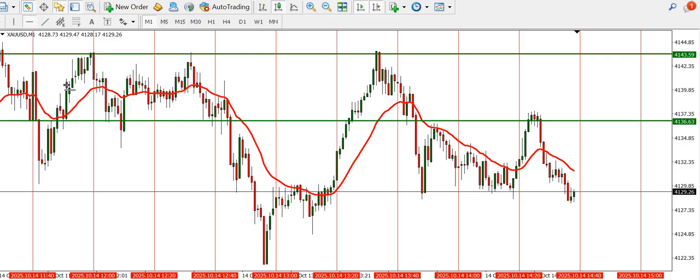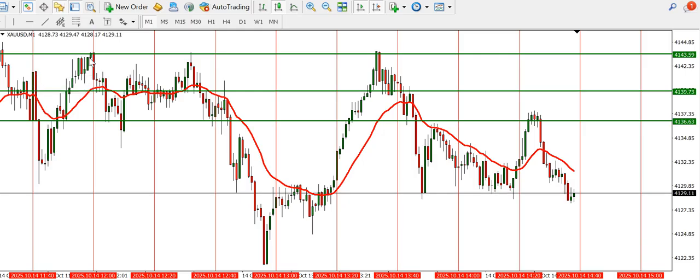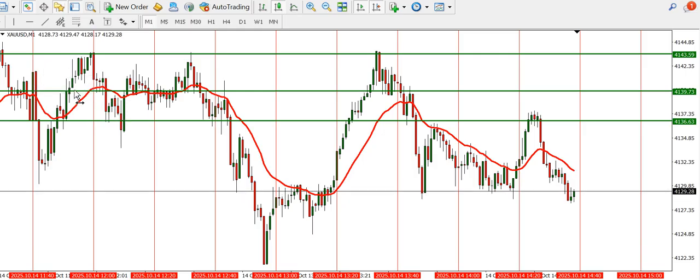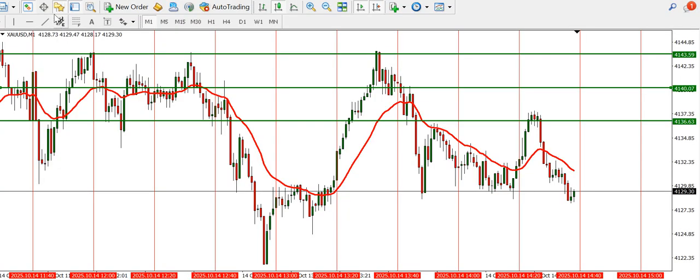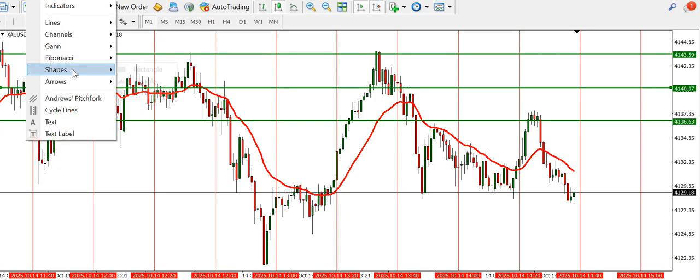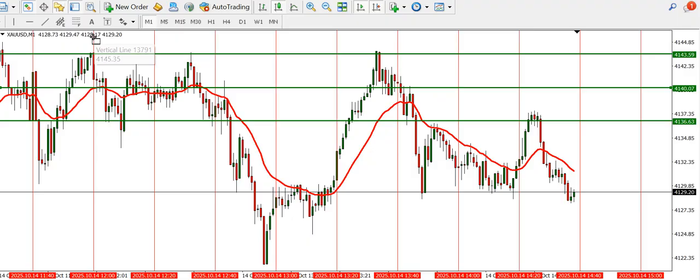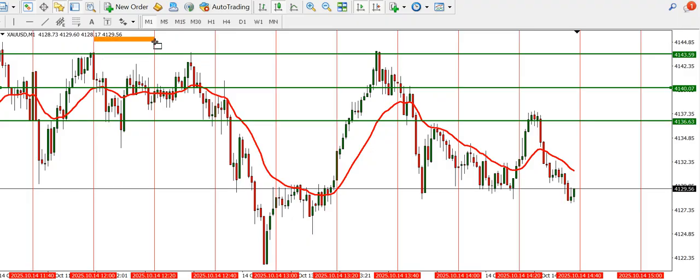So I'm going to divide this area into two. Then I'll mark up support or resistance with a shape.